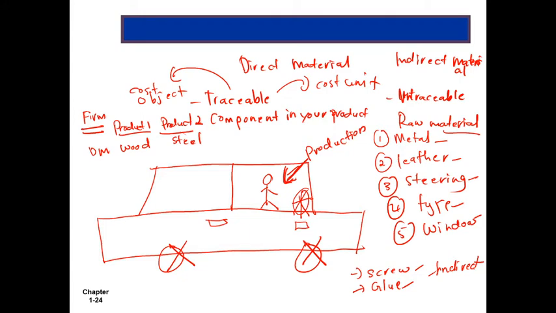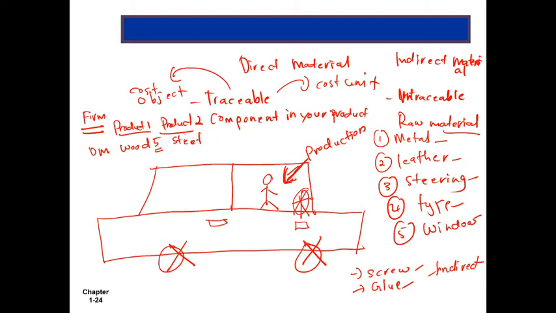Okay, this is considered direct material. If the wood for one product costs you $5, then the direct material cost for product 1 is $5.